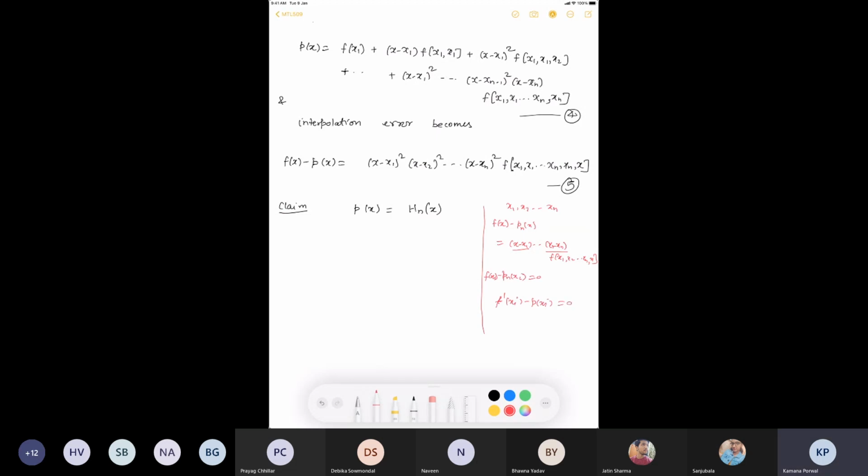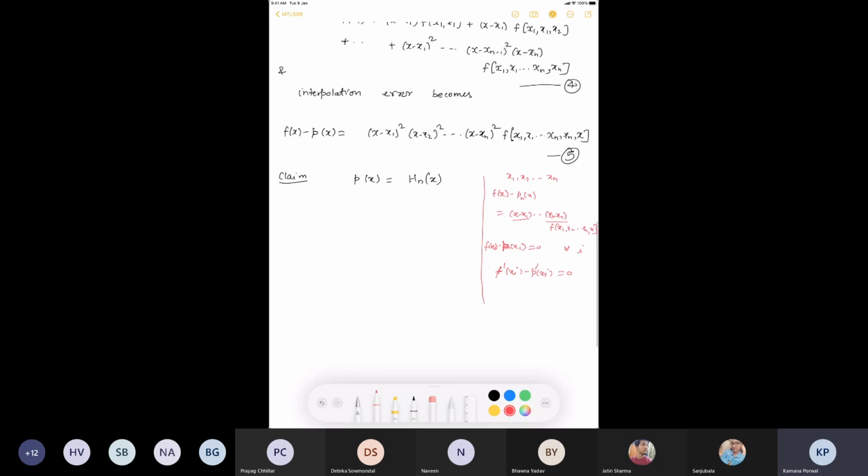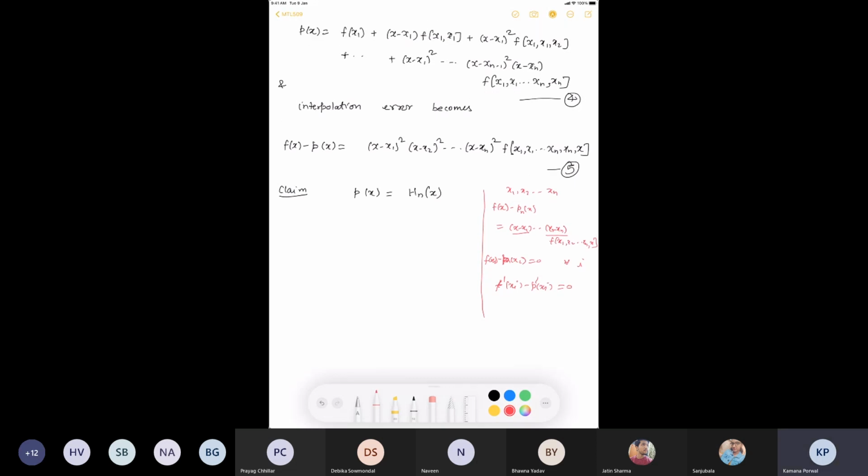So I want my p of x to be such that the error is 0 at each of the xi for all i, and the derivative should also coincide at the nodes. That motivates us that we have to have the factor x minus x1 square up to x minus xn square, so the interpolation error should look something like this.